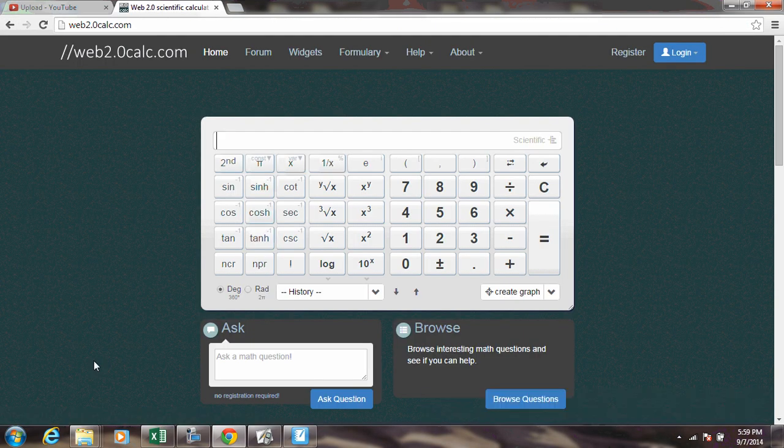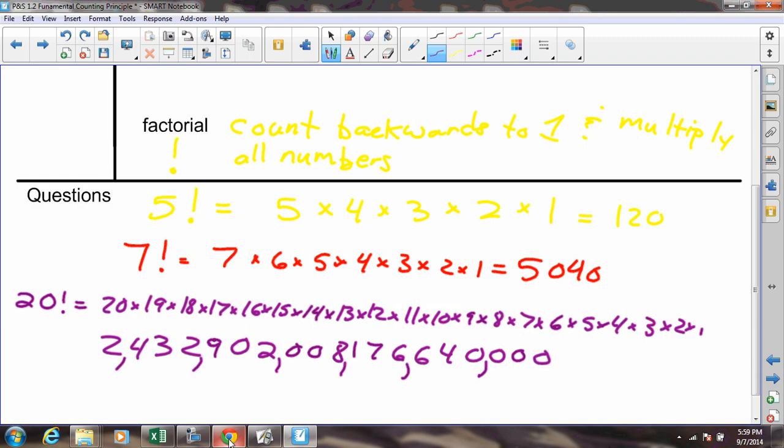Take a look at the bottom left part of this calculator. Do you see this button that has an exclamation point? In the very bottom corner, you have the buttons nCr, nPr, then the exclamation point. That's the factorial button. You can get these answers a lot quicker.